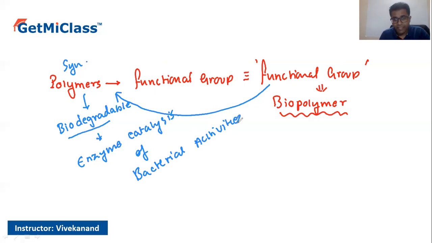So, due to the bacterial activities, such as enzyme catalysis, these polymers will be broken down into smaller fragments. When they break down these polymers into smaller fragments, they are actually degrading them. So as they are degrading, it won't cause any problem to the environment. So this is all about the biodegradable polymers. We will see about the examples.